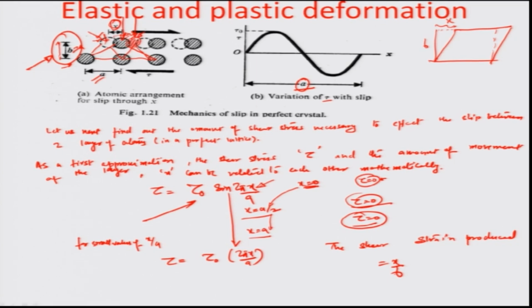So, stress and strain are related to each other, and therefore, we can say that the total amount of shear stress tau, which is tau 0 sine 2 pi x by a, can be related to the modulus of rigidity or shear modulus times the shear strain by the simple Hooke's law, and you can say that tau 0 in this particular case, assuming b equal to a for the lattice, comes out to be equal to G by 2 pi.